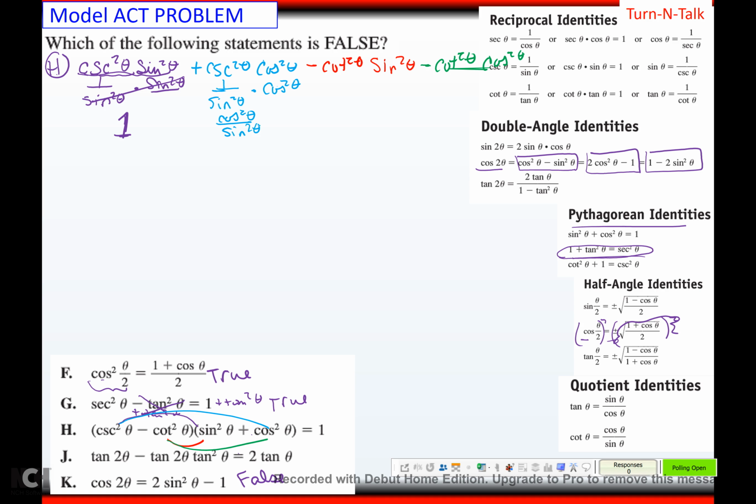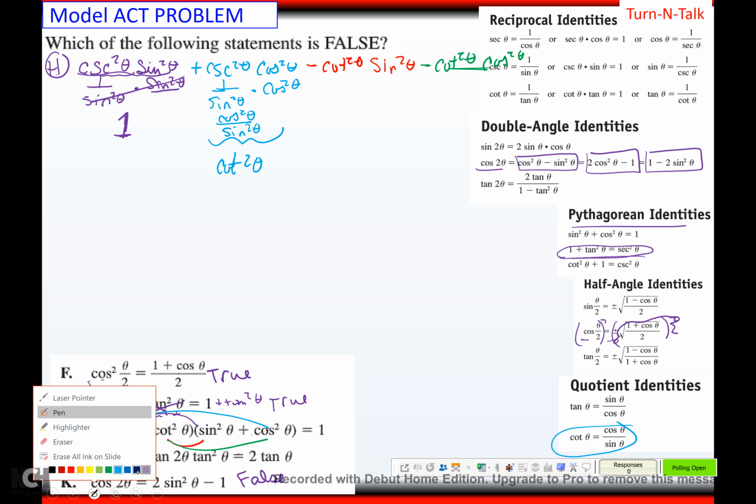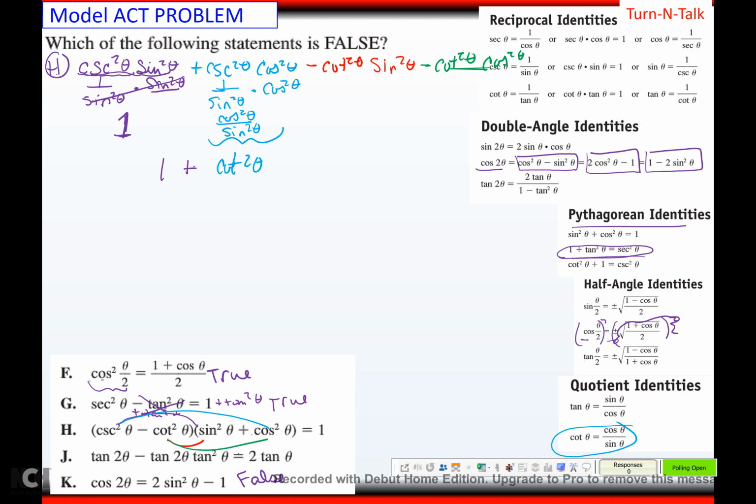Cosine over sine is cotangent, so this simplifies down to cotangent squared theta. So now I have 1 plus cotangent squared theta. My red product, cotangent squared, is cosine squared theta over sine squared theta times sine squared theta, which cancels out, so this just gives me negative cotangent squared theta.